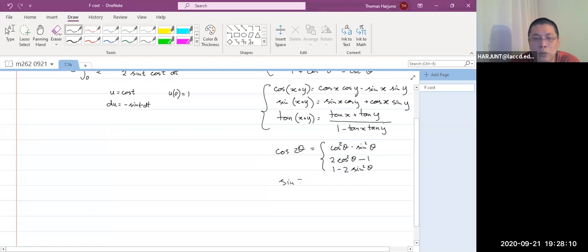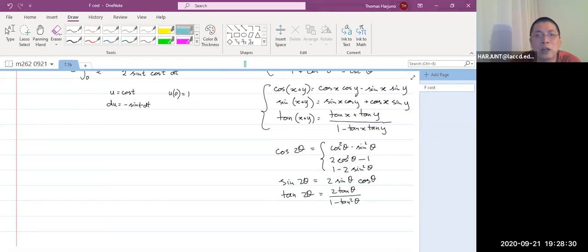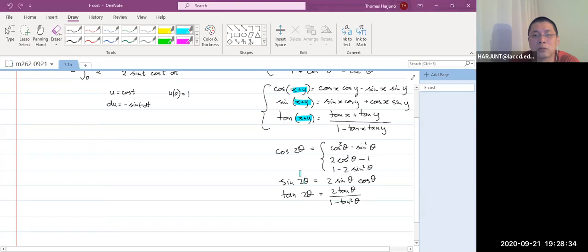Sine 2 theta, the one we just had, is 2 sine theta cosine theta. Tangent 2 theta is 2 tangent theta over 1 minus tangent squared theta. But it's basically replacing the x and y here by theta, and that's what you will get.